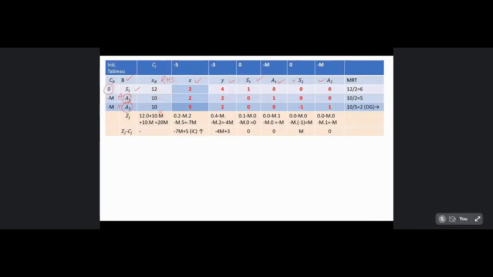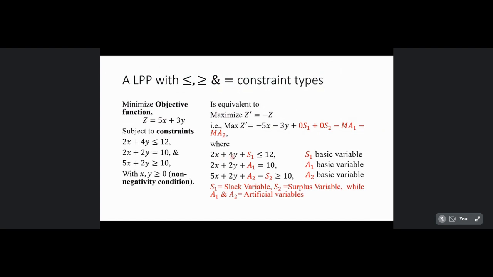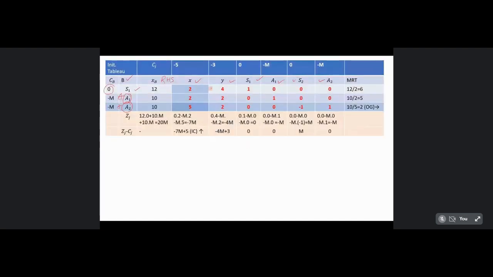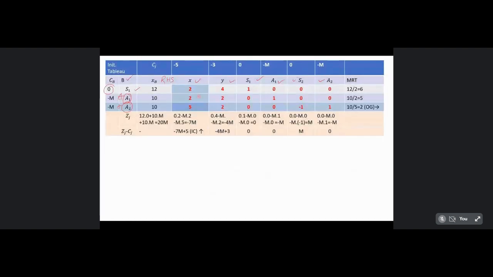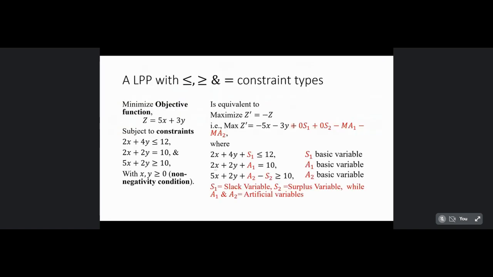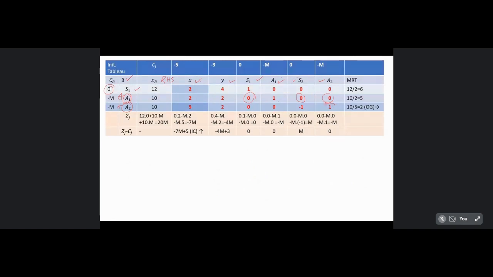Then এখানে 2x + 4y + 1 s1, so 2, 4 and 1, a1 s2 a2 ফার্স্ট ইকুয়েশনে নেই। নেক্সট হচ্ছে সেকেন্ড ইকুয়েশন 2x + 2y and then a1, so এটা শূন্য, এটাও শূন্য, এটাও শূন্য। থার্ড ইকুয়েশন যেটা, that is 5x + 2y + a2 - s2, so a2 এখানে এক কন্ট্রিবিউশন, s2 এখানে -1 কন্ট্রিবিউশন, আর এখানে 5x, 2y.